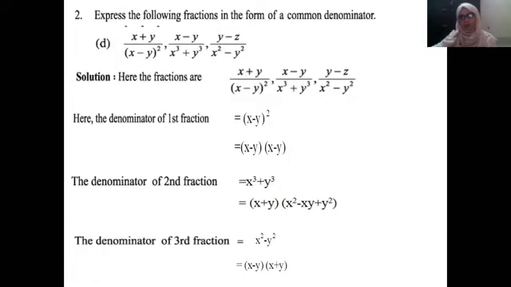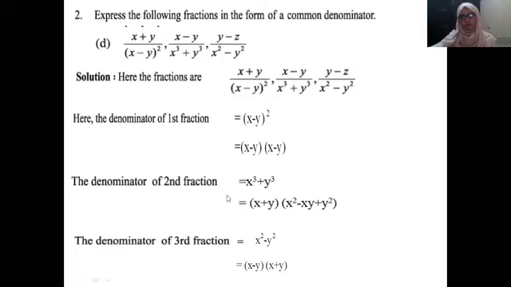Now see the least common multiple of the denominators. Here the first denominator is x minus y into x minus y, second is x plus y into x square minus xy plus y square, and third one is x minus y into x plus y.